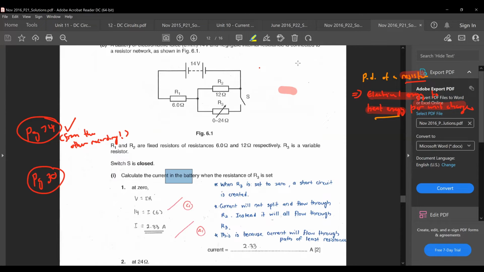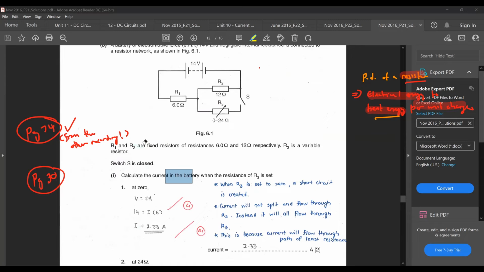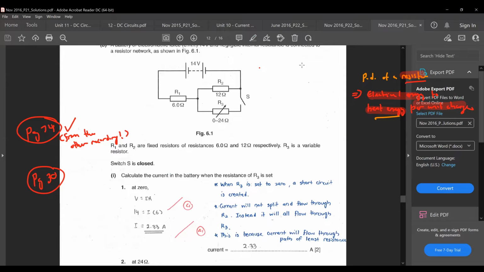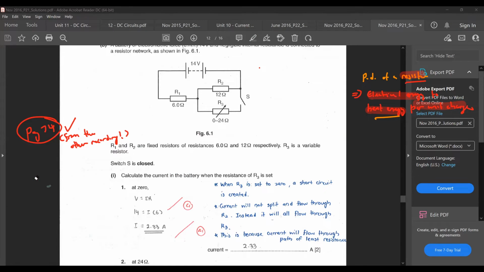So this question has something to do with short circuit. The first part here already has a question related to short circuit. They tell you that the switch S is closed and then R3 is set to 0 ohm. So your circuit, if I want to draw it out, would now look like this.